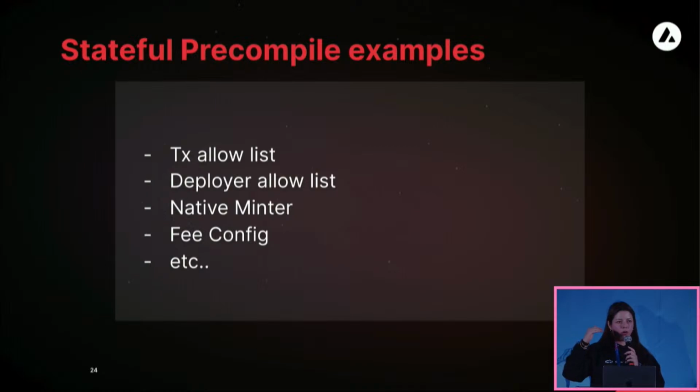Instead of having the allow list at the application level, you can say, I don't want anyone to deploy, I don't know, a marketplace or an NFT on an institutional chain that doesn't have anything to do with that. So let's say everyone can participate, but not everyone can deploy a contract on the chain. That way you can restrict how the block space is going to be used for your specific application.